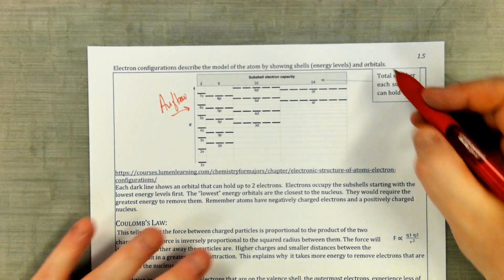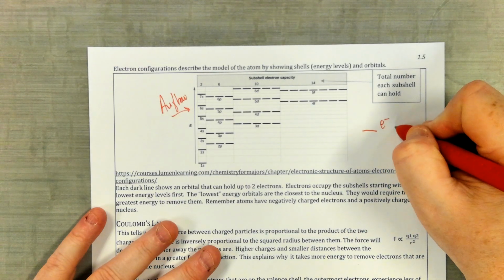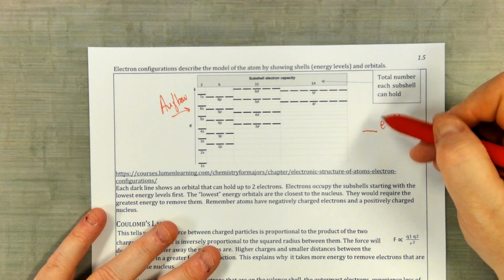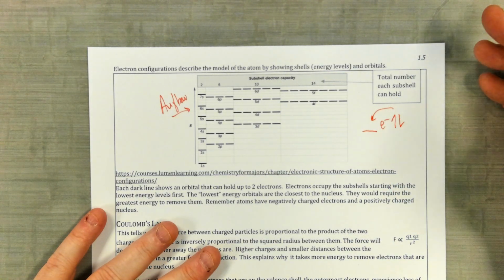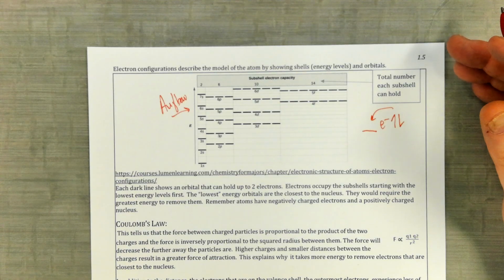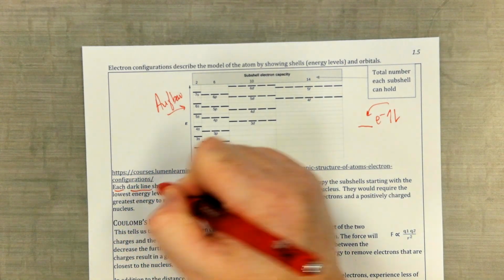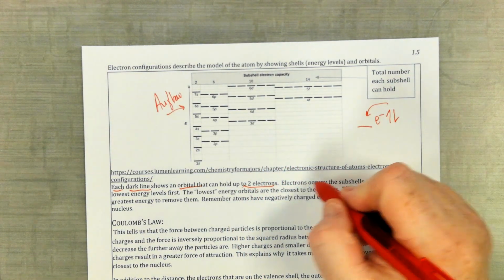And the general rule is for every line, the electrons spin up first and then spin down. We always put the up first, representing electrons. Okay? So that's what this part, each dark line shows an orbital that can hold up to 2 electrons.